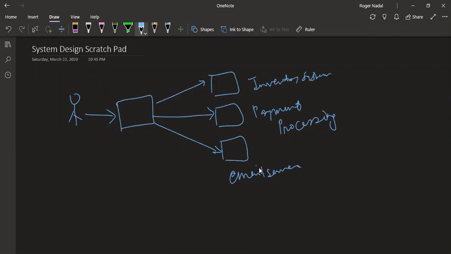Now, the problem I have with my service is that there are a lot of problems, but what I want to come up with is that this client doesn't care if I send the email right away, for example. And for the inventory system, it is okay for my customer experience that I can tell the customer, hey, sorry, we didn't have enough things in stock, we'll inform you later.